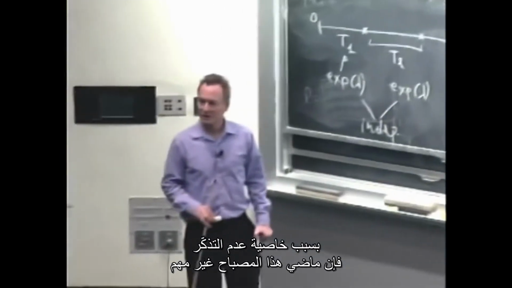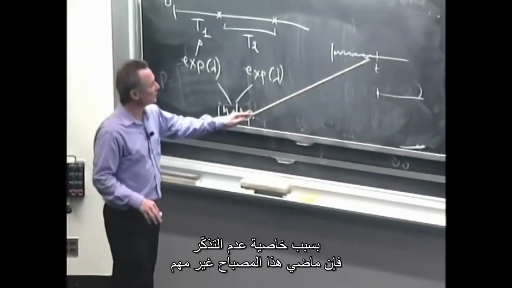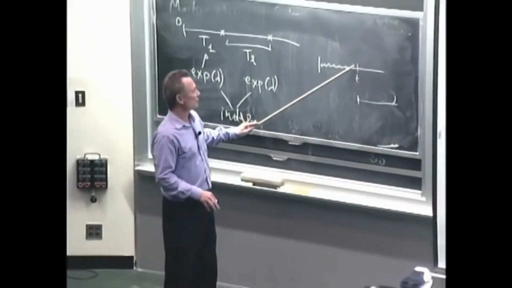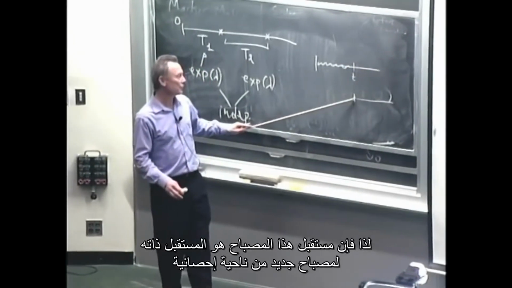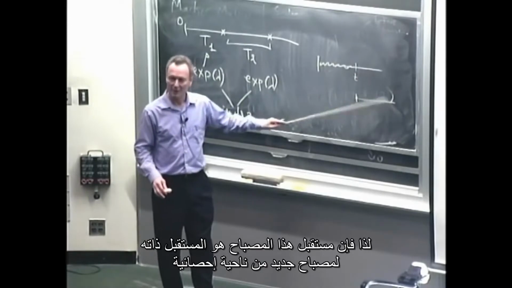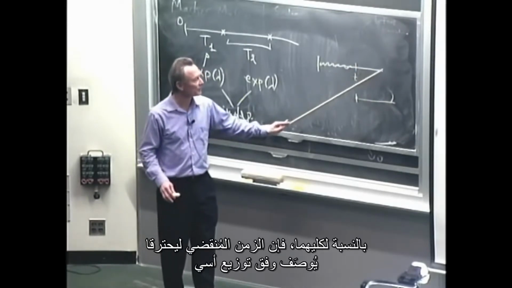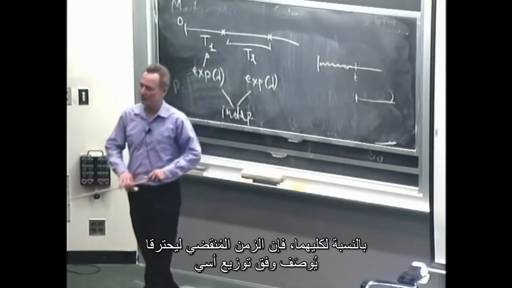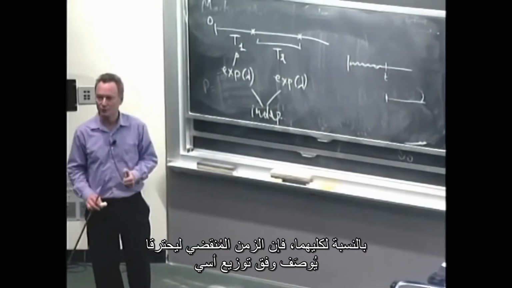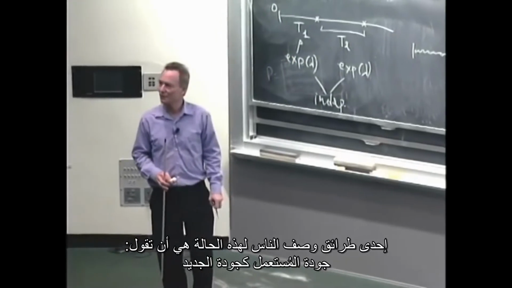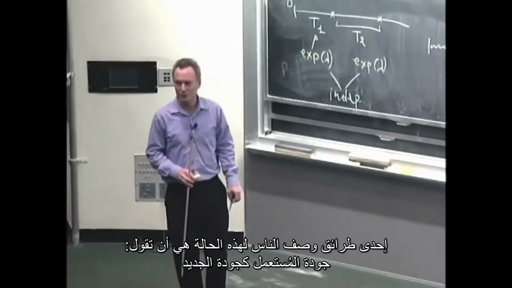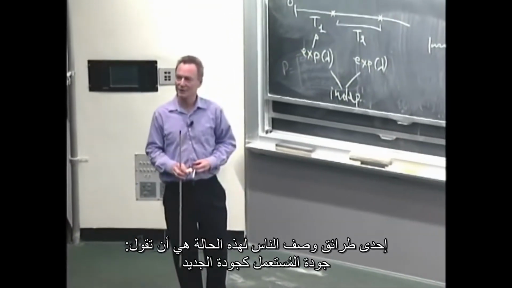Because of the memorylessness property, the past of that light bulb doesn't matter. So the future of this light bulb is statistically the same as the future of a new light bulb. For both of them, the time until they burn out is going to be described by an exponential distribution. So one way that people describe this situation is to say that used is exactly as good as new.